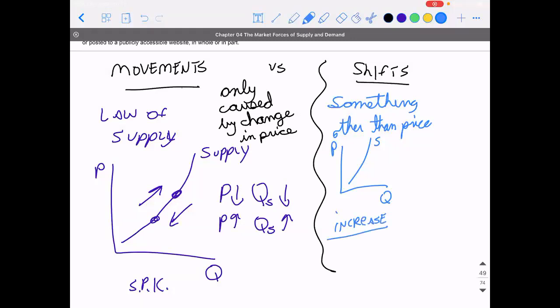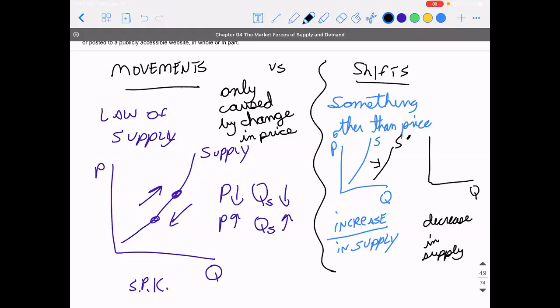And an increase in supply would look like this, S prime being where it's now. So that would be what an increase looks like. Decrease in supply, looking like that.